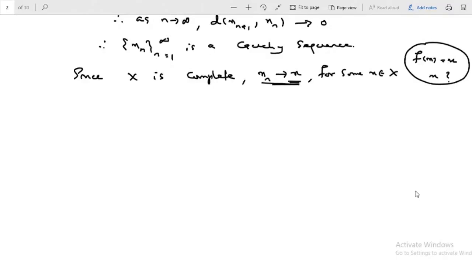ഓക്കെ, അതാലോചിക്കാം. ഇനിയും contractive function ൻ്റെ condition ലേക്ക് പോകും. Since f is a contractive function, f is continuous. Okay, f continuous ആണ്. f from X to X is continuous.